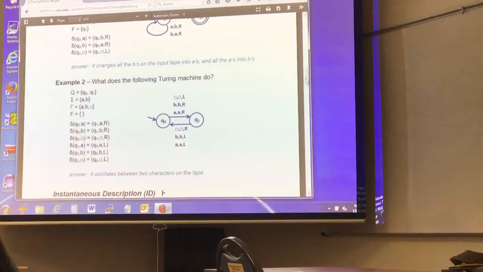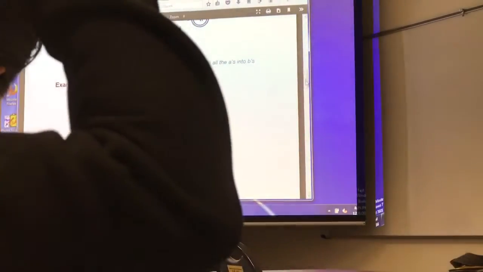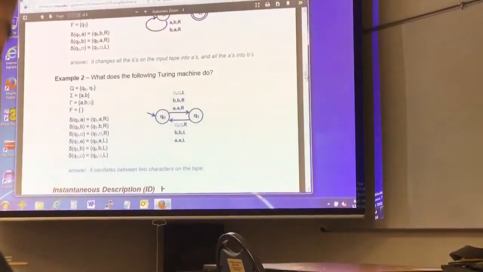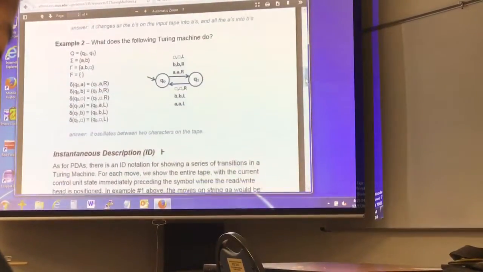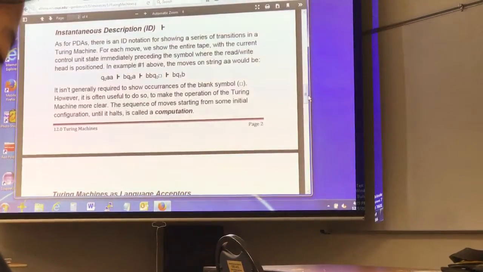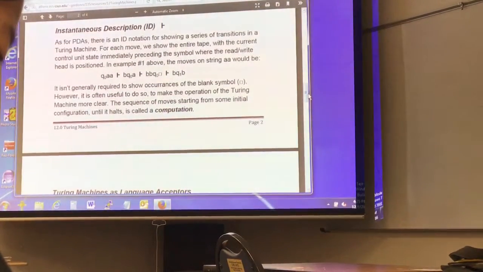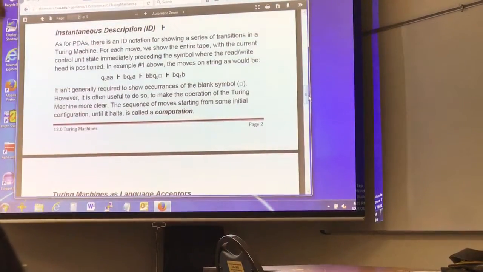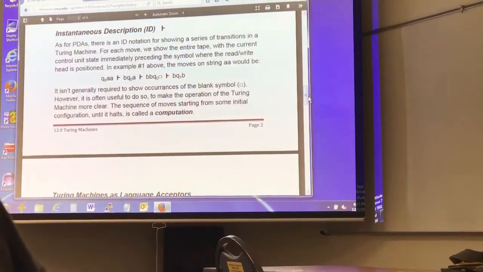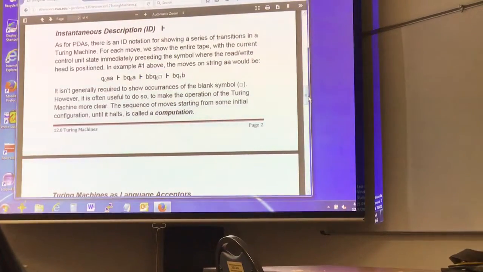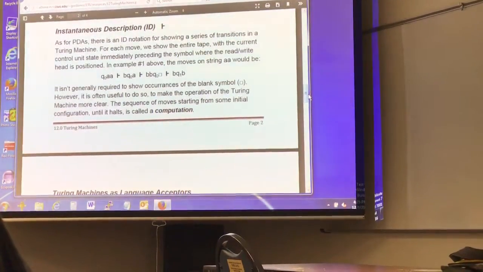If you review them and understand them, and can cover the solution and work it out for yourself, you'll probably be prepared. But you should also understand the instantaneous description for showing a particular computation done by a Turing machine, and hopefully not get confused with the other instantaneous description notation for PDAs.